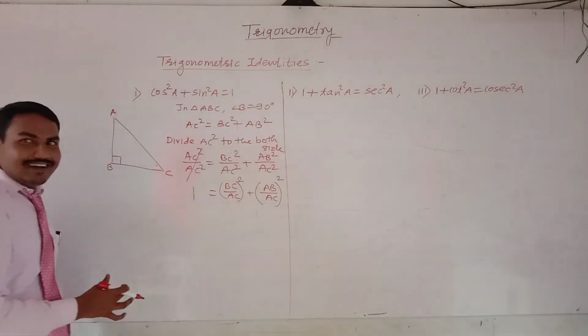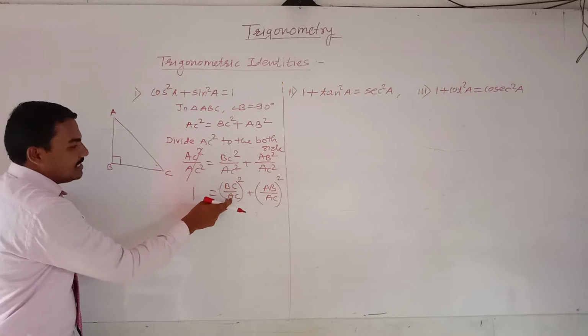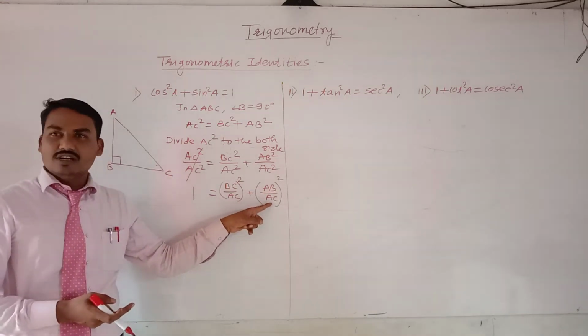Now observe the triangle. BC by AC is which trigonometric ratio? And AB by AC is which trigonometric ratio?